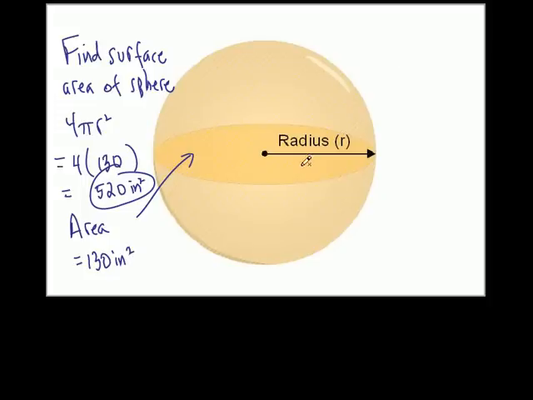So what they did is they gave the area of the circle, which is pi r squared, and they said that's 130 equals pi r squared, and they solved for r. So you divided by pi, that cancels out. Then you took the square root to get r by itself.